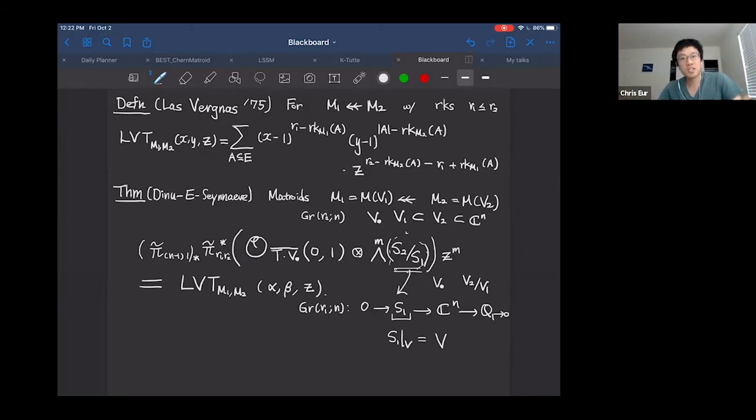So in this case, we got a somewhat satisfactory answer in terms of what this Las Vergnas polynomial is K-theoretically, and we said, here it is. And one can say a little bit more about the Las Vergnas polynomial now that we know that it arises K-theoretically. And we can, in fact, recover many of the combinatorial things that Las Vergnas has established, but not too much new.